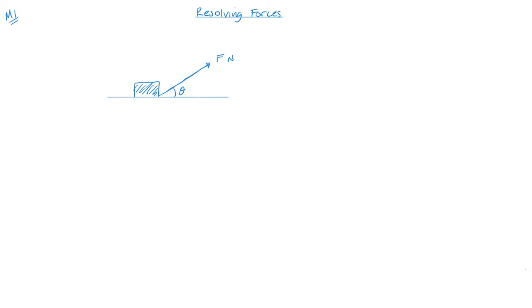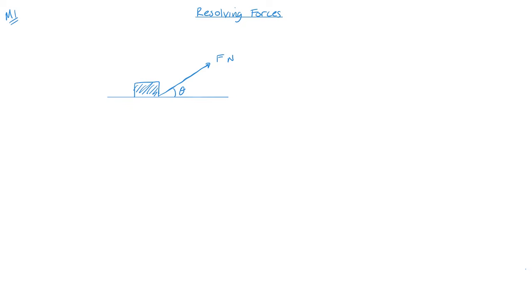This force would drag the box along this way. It might not have enough force to lift the box up off the floor, but it would probably have enough force to drag it along this way.